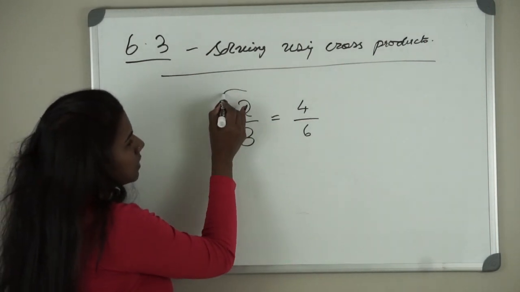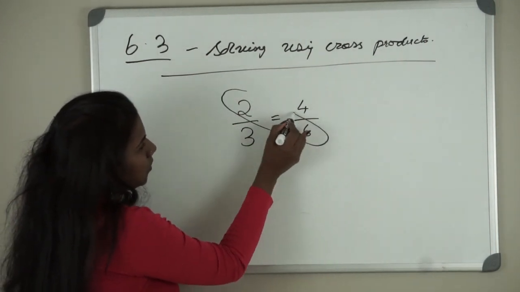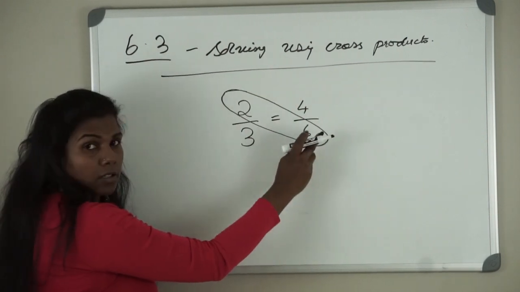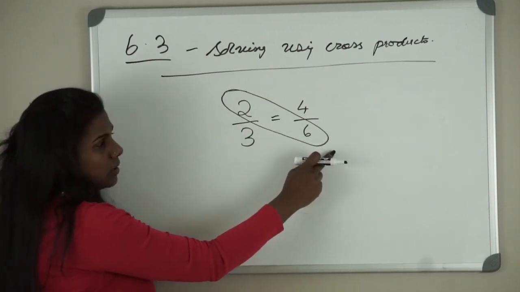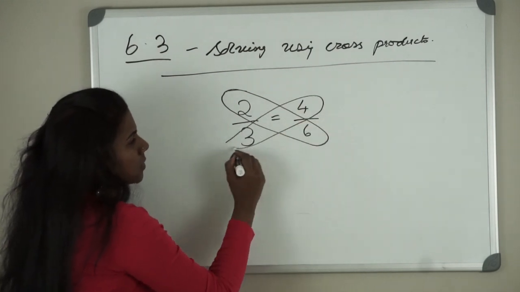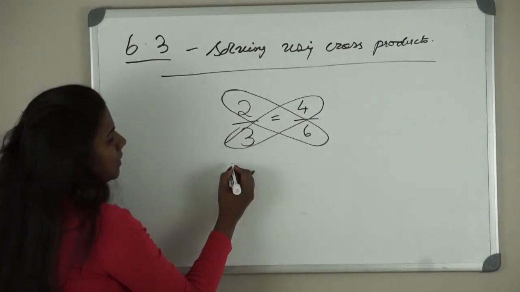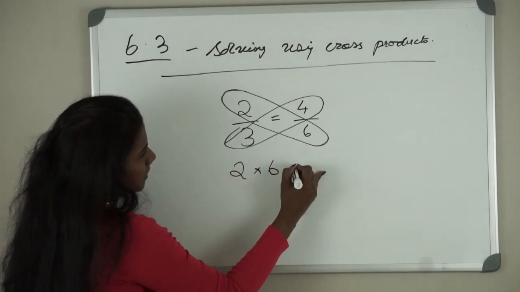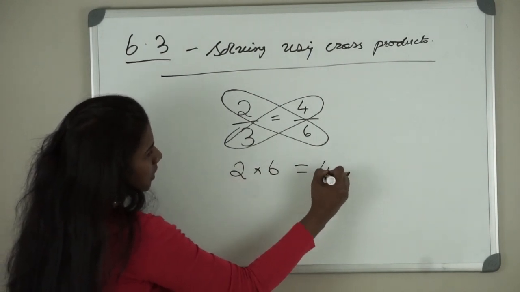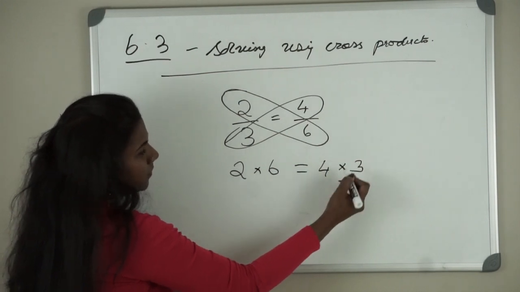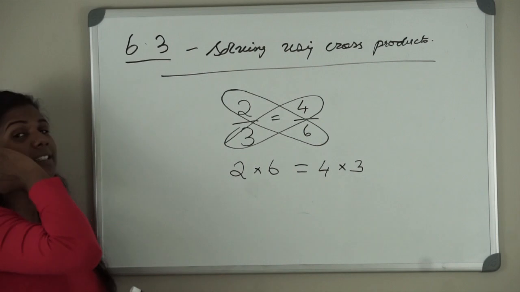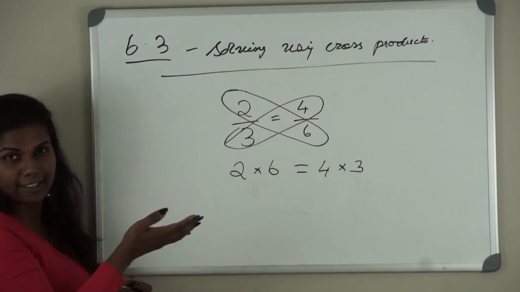So when you multiply the numerator from one side to the denominator of the other side of the equation, that is called a cross product. So how do we do it? 2 times 6 is equivalent to 4 times 3. So this is how you do the cross product. And using this you can solve for x.